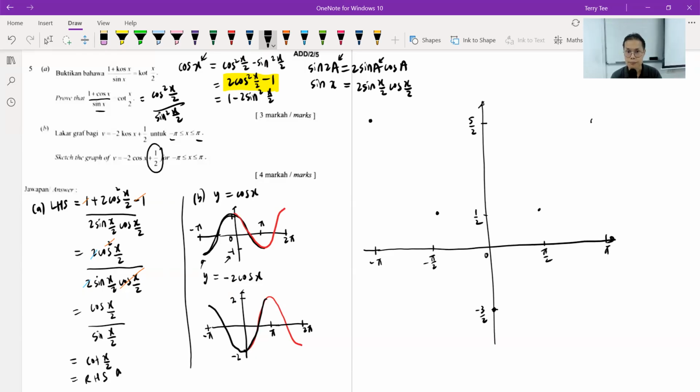Remember with the curve this way down, this way down, this way up. Oh, this is a bit ugly. Let me fix this. Okay, this is better. And then curve it this direction. Okay, so this is your y, this is your x, and my graph is done, right?